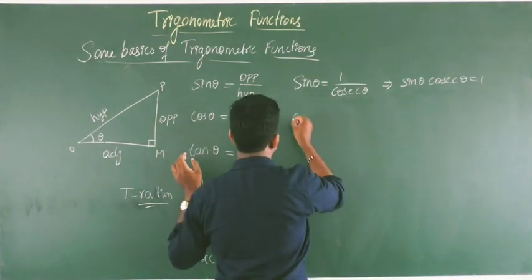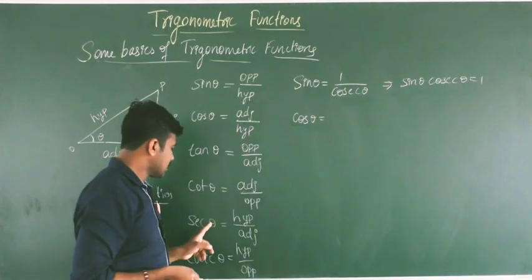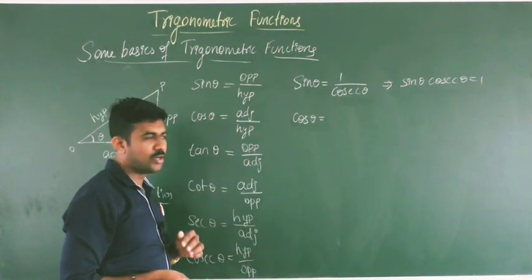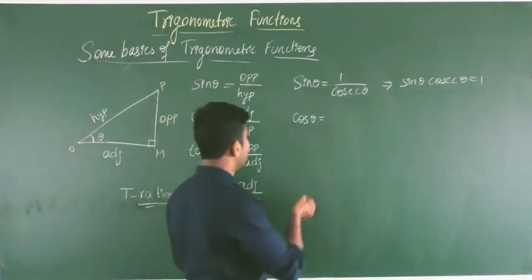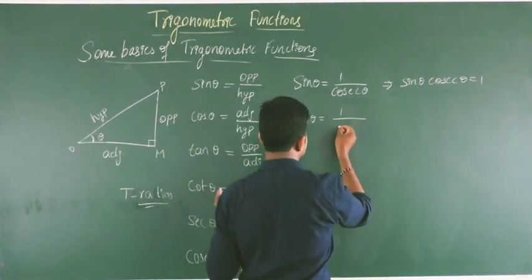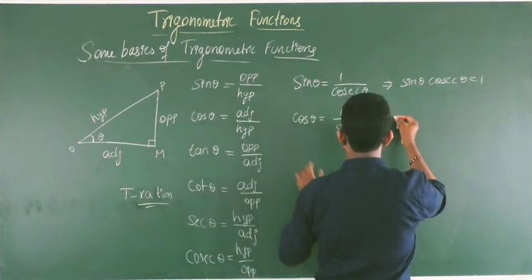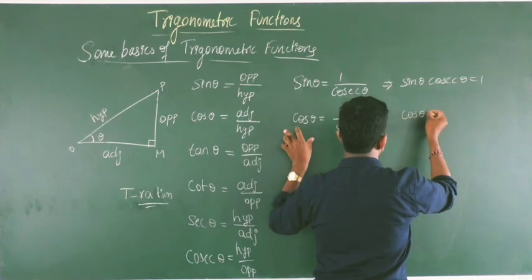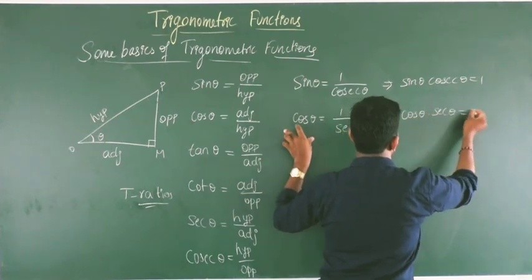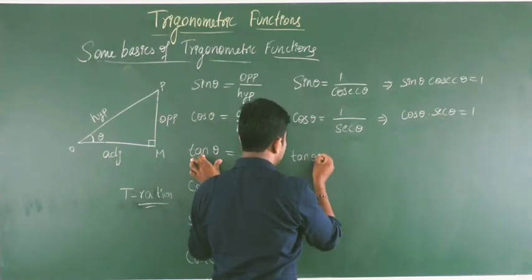Similarly, cos theta is nothing but adjacent by hypotenuse, secant theta is nothing but hypotenuse by adjacent. So here cos theta and secant theta are reciprocal of each other. Or you can say cos theta into secant theta is equal to 1. The next one is tan theta and cot theta.